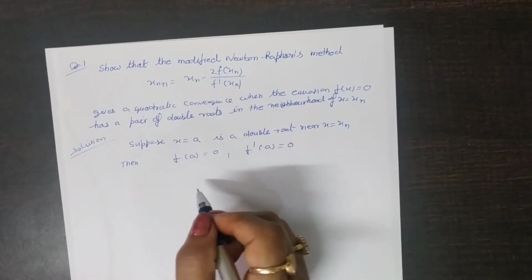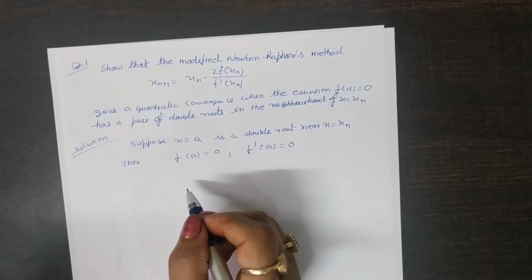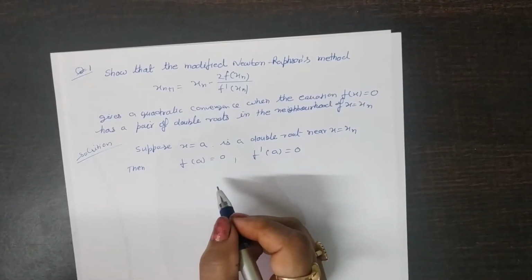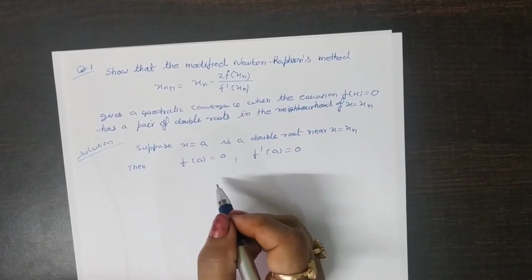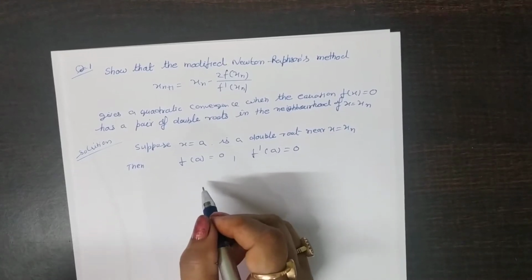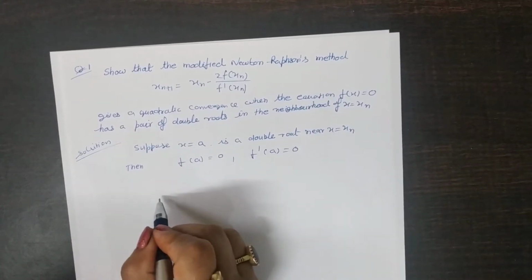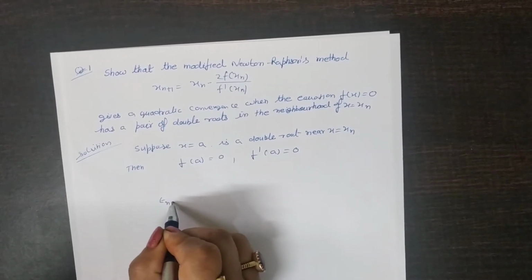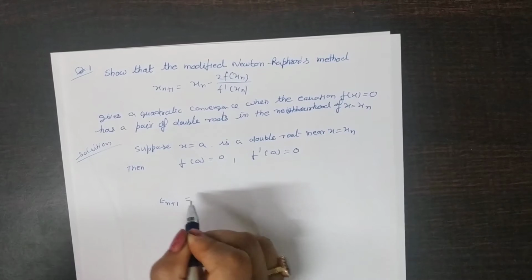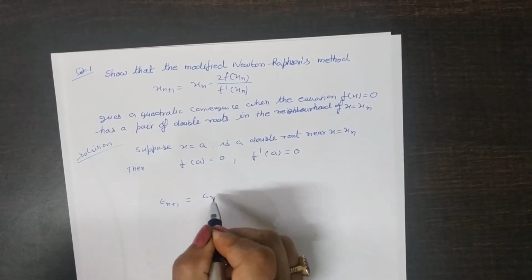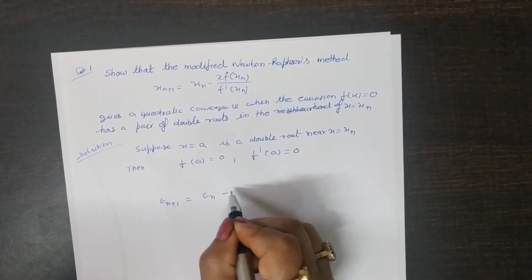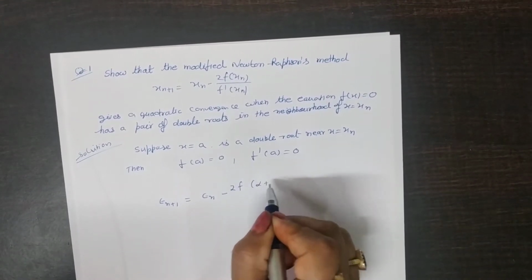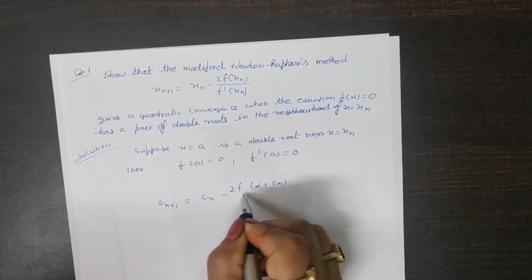Yes, and also from the earlier results, substituting x(n) = alpha + epsilon(n), we get epsilon(n+1) = epsilon(n) minus 2 times f(alpha + epsilon(n)) divided by f'(alpha + epsilon(n)).